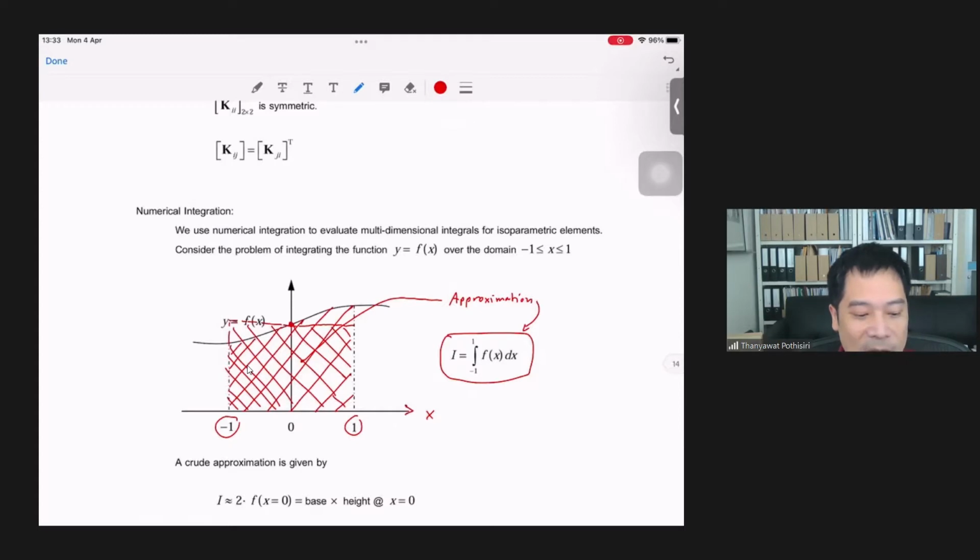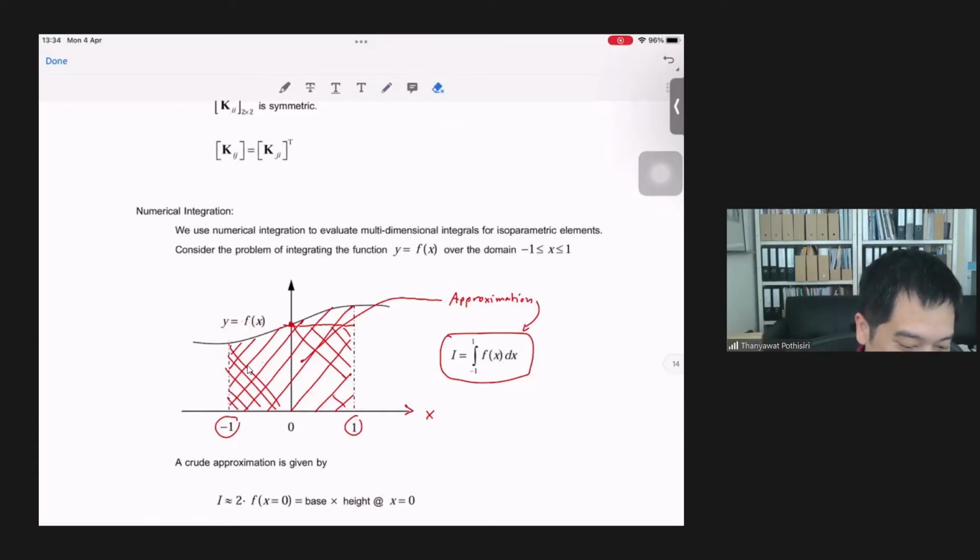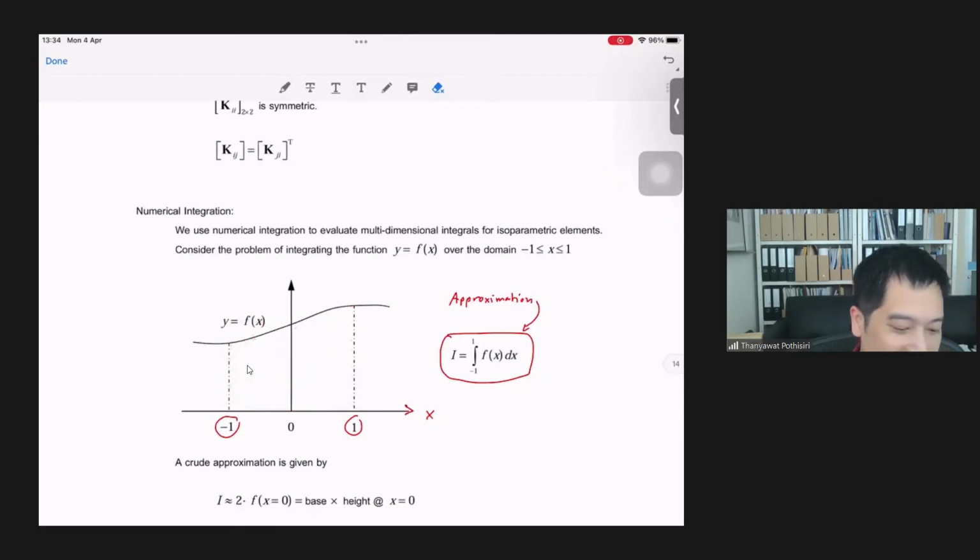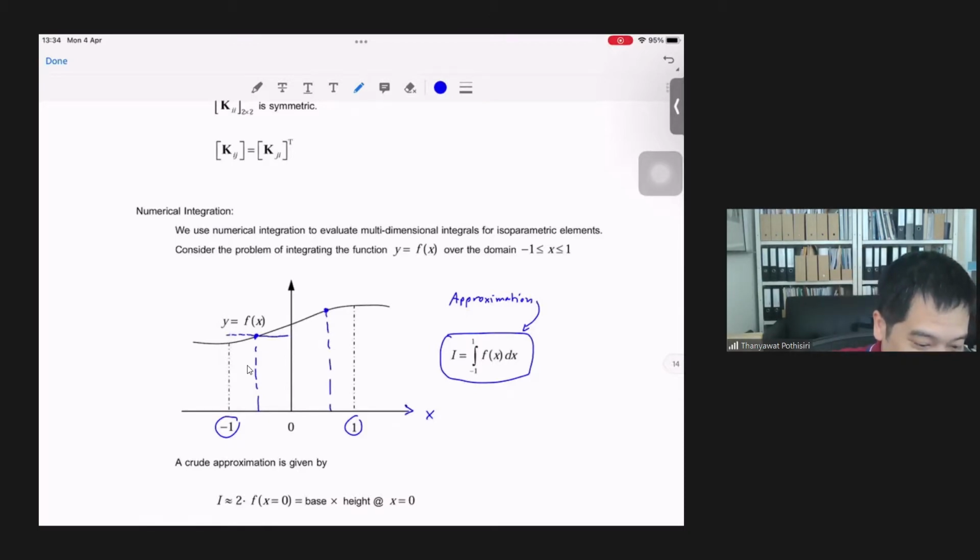Okay, or I can also, instead of picking just one point like this, I can pick 2 points, right? So I can pick this point here and here, okay, as my representative points, and then use this point to compute the area under the curve as well.